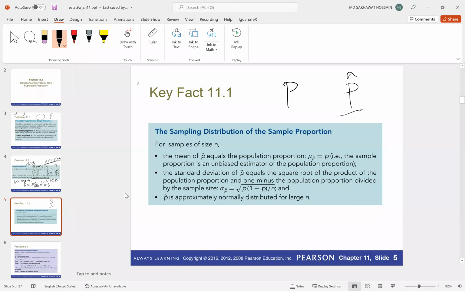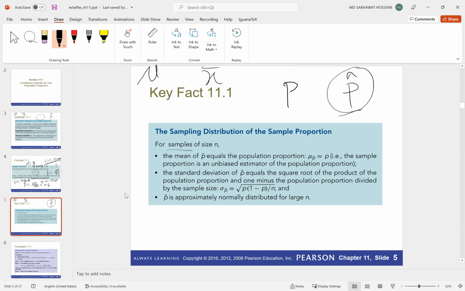In the case of the mean, the statistic was X bar, right? Because we use X bar as an estimate of mu. But here we'll use P hat as an estimate of P. So we need to know the distribution of P hat, and this is called the sampling distribution of P hat. P hat is the sample proportion, so it is the sampling distribution of the sample proportion.